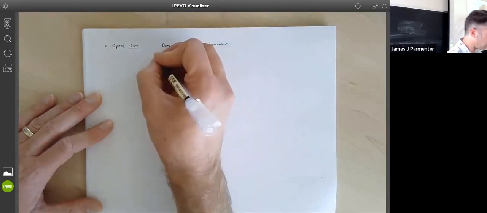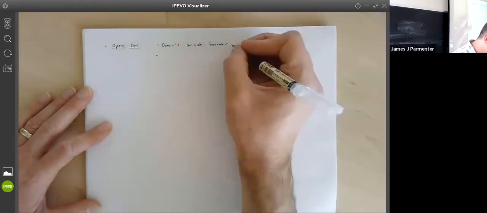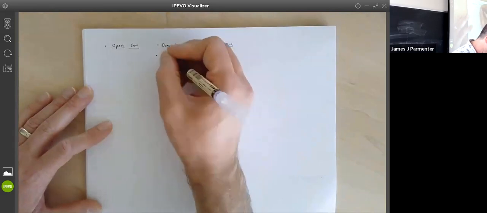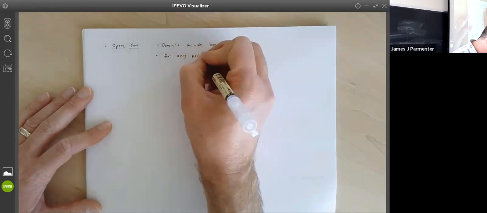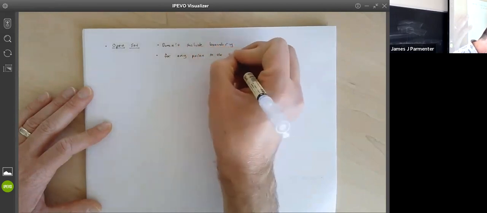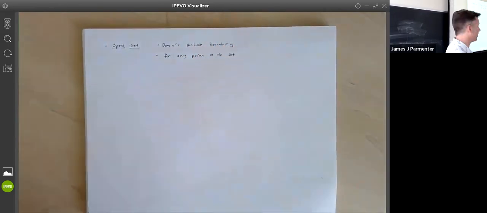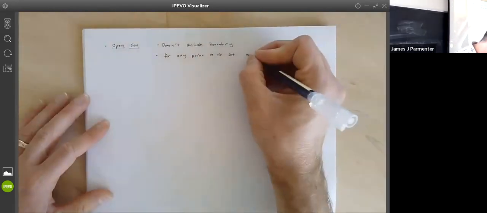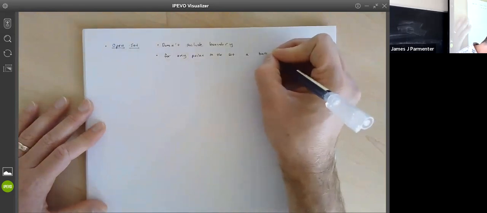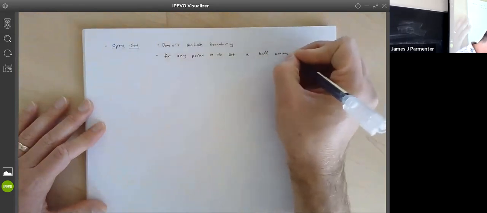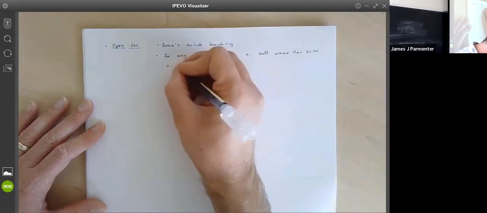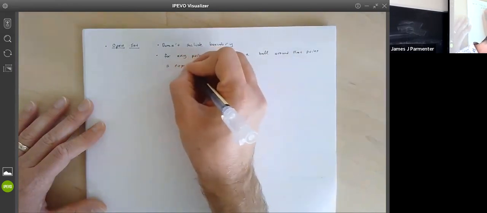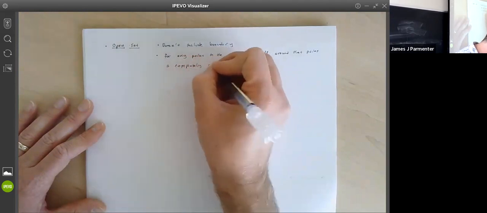Another way of thinking about it is that for any point in the set, an interval around that point, or really, I should be more two-dimensional, a ball around that point is completely contained in the set.